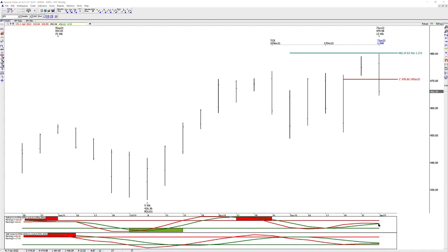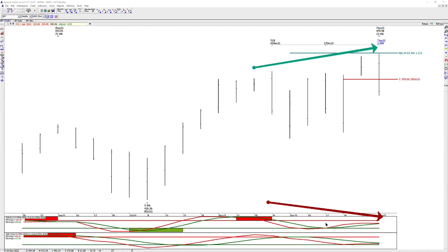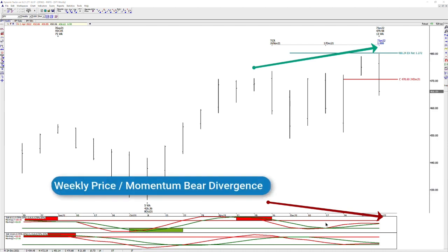But what is the position of the momentum relative to the position of price? It's pretty simple. We've seen that many times in past lessons, and it's a price momentum bearish divergence. That's because the price high is at a higher high than the last cycle high, both in price and in momentum. But the momentum currently is at a much lower level than at the last momentum cycle high.